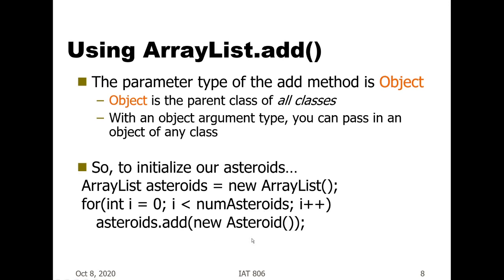Here we're just constructing 5 randomly located and oriented asteroids. The actual type that is being inserted into the ArrayList is actually Object, because the parent class, the top class Object, is what's happening there.